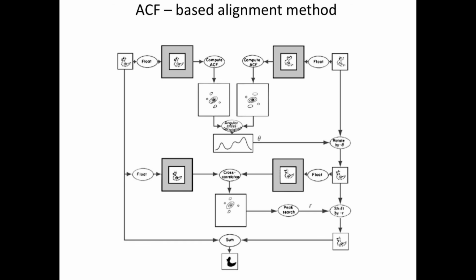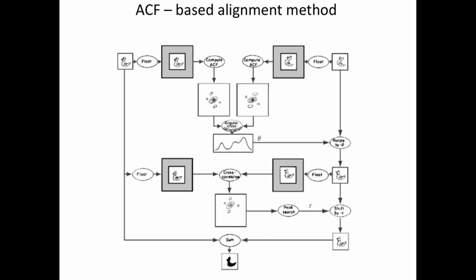So you have 2 images here and here, and in each case we have to do the padding that I told you about that is necessary. Then you compute the autocorrelation function, and now these functions are rotated by a certain amount with respect to each other.